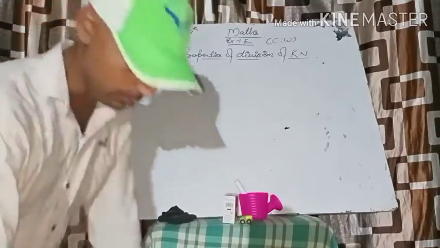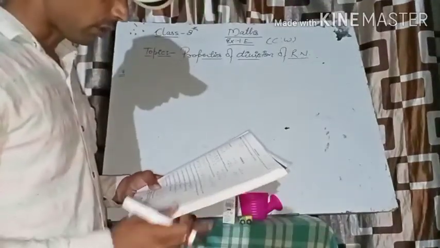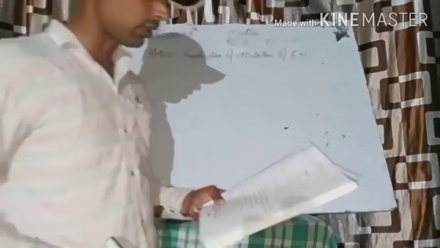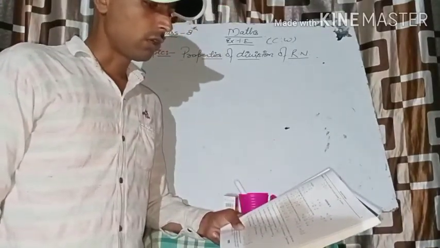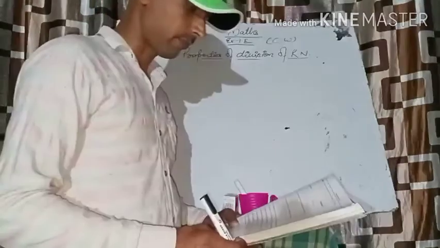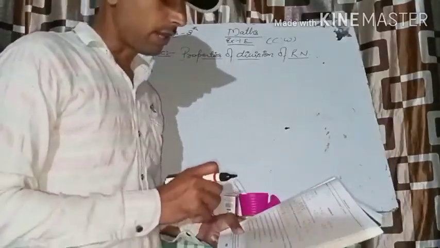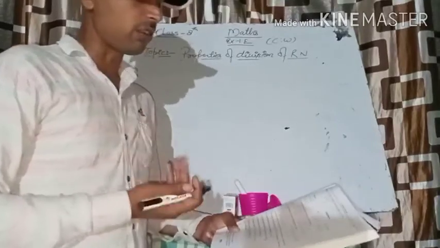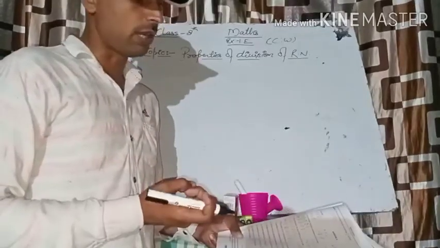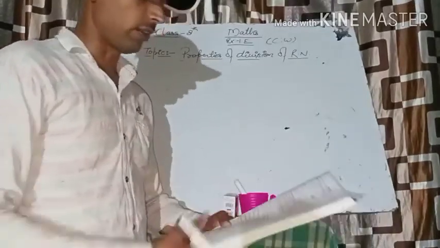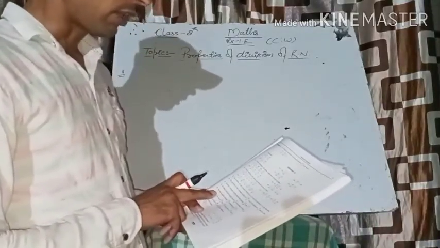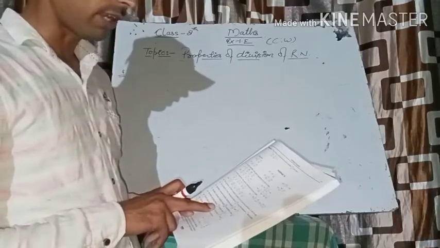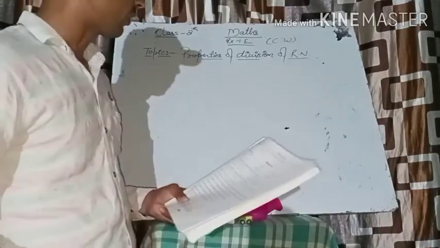Question number 8: What number should the minus 33 by 8 be divided by to get minus 11 by 2? It asks by which number I should divide minus 33 by 8 so that my answer is minus 11 by 2. Read it again, listen carefully.